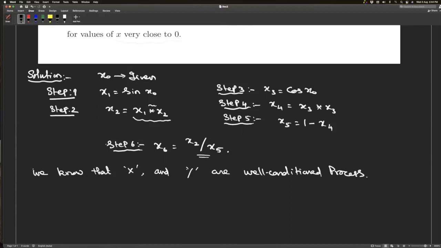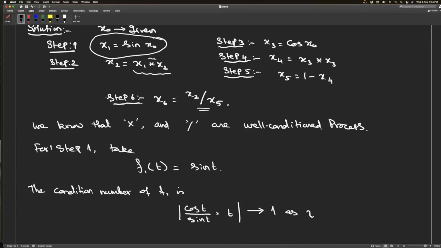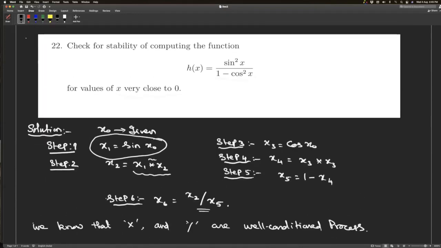Now I'm going to do cos and sine. For step 1, take the function f1 of t is equal to sine t, right? So that is our step 1. The condition number for f1 is given by mod cos t divided by sine t into t, right? And we can see that that tends to 1 as t tends to 0. Why are we taking t tends to 0? Because we are asked to study the stability near 0 only.